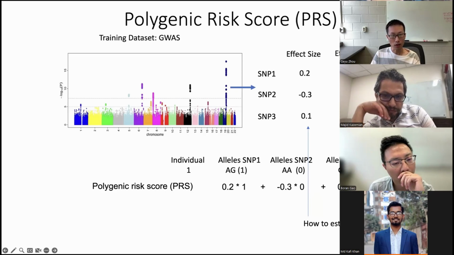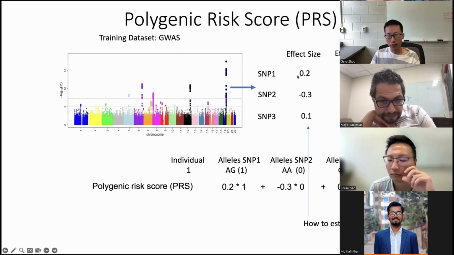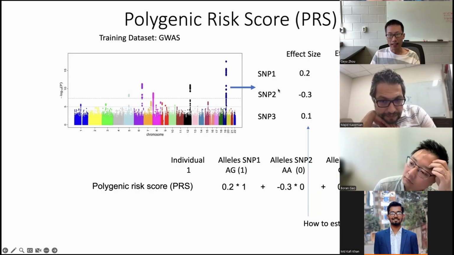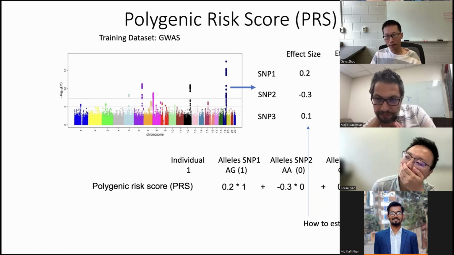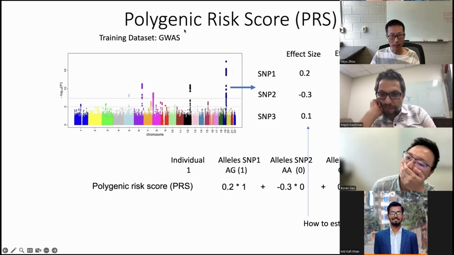So why is it called polygenic? It basically means the effect size of each variant is typically small and the number of SNPs is large. So we need to aggregate thousands to millions of SNPs across the human genome to formulate our prediction model. And that's why it's called polygenic.